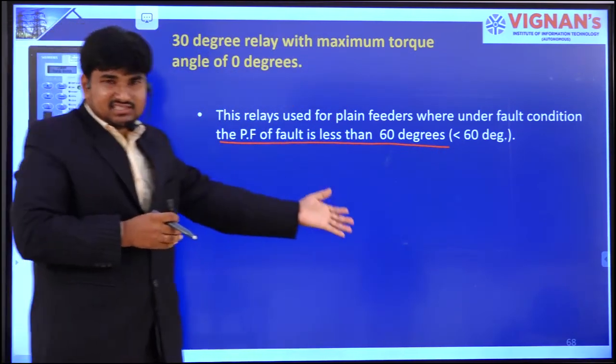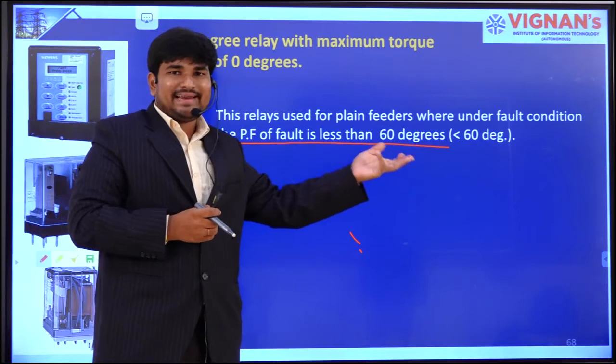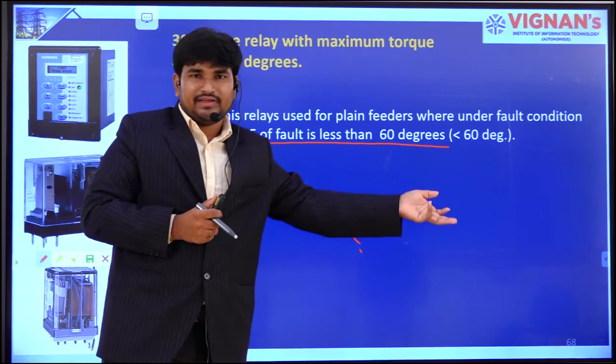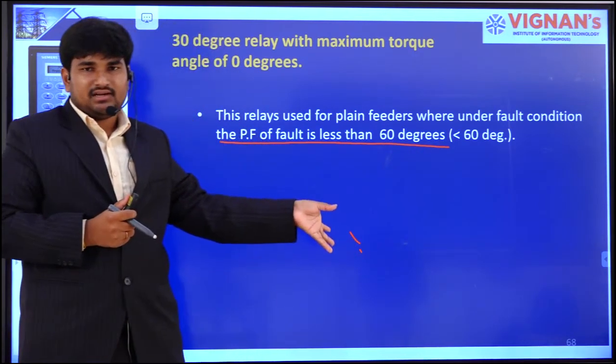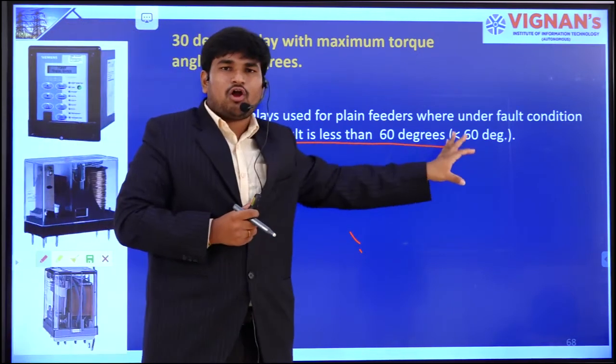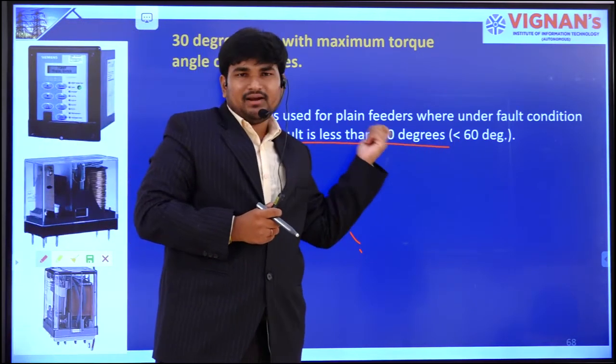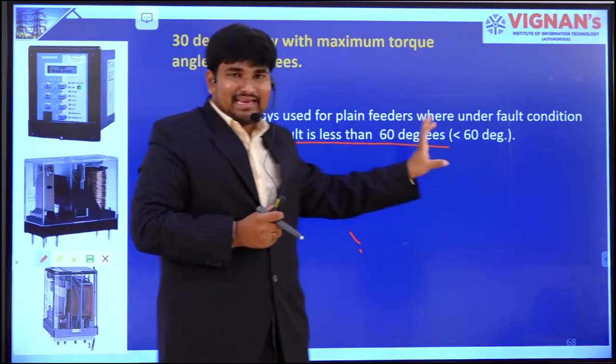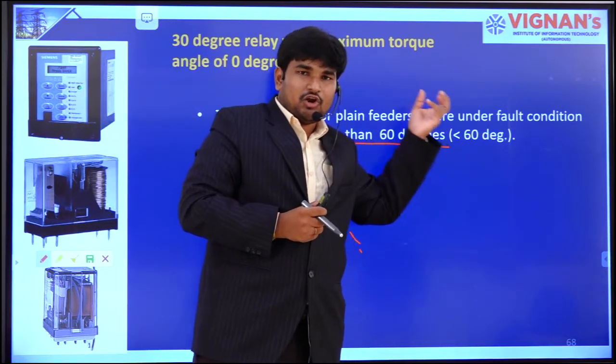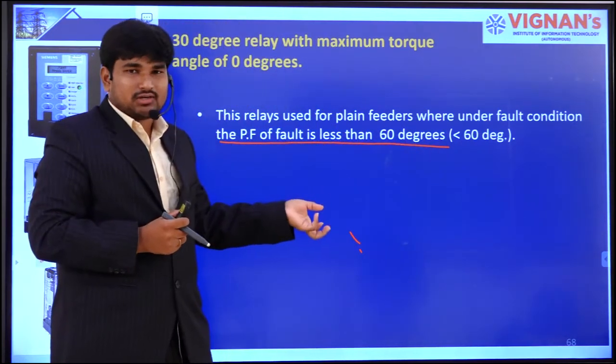Up to 60 degrees, the value is 0.866 K into VI, 86% only, right? So up to that value it will operate. For example, if the power factor angle is beyond 60 degrees, it will not give sufficient torque.